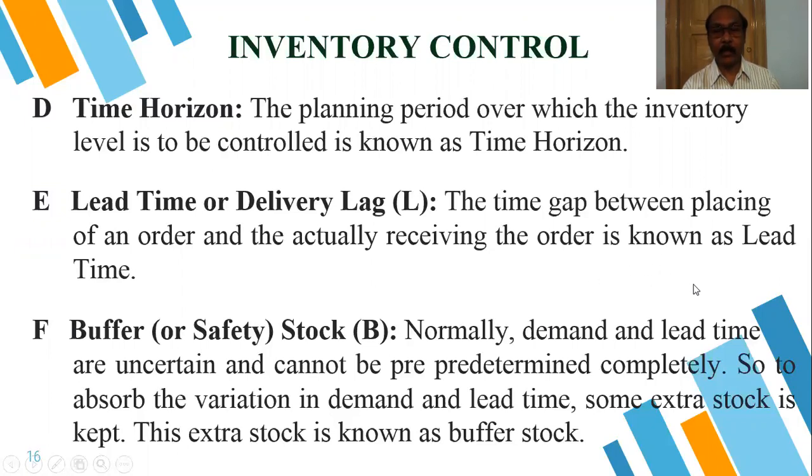It may be 3 days, 4 days. So that 4 days of stock we have to keep in our inventory, that means in stores. If delivery is delayed, we cannot produce the finished goods, that means production would be hampered. So we have to keep 3 or 4 days of material in stock. That is the buffer or the safety stock.